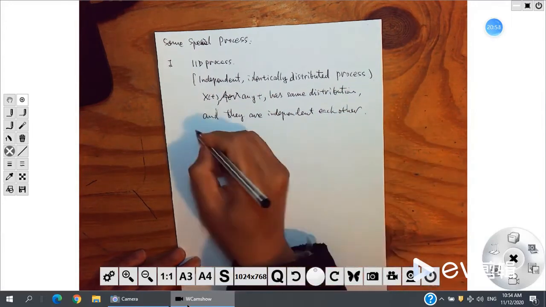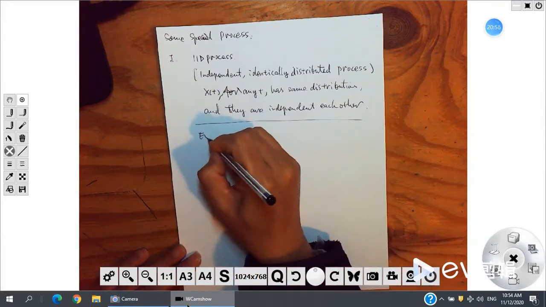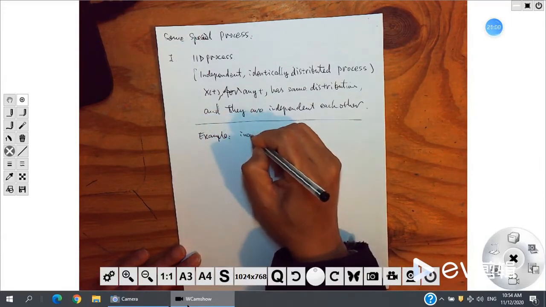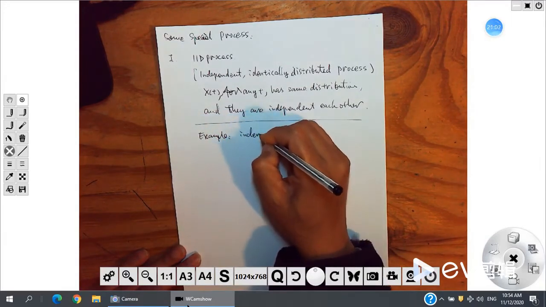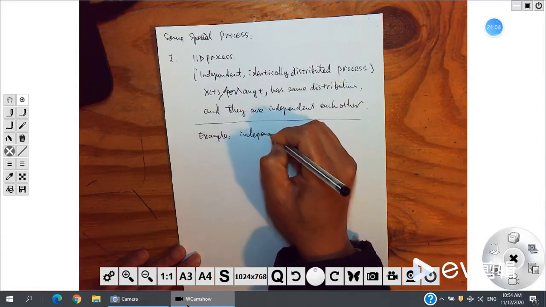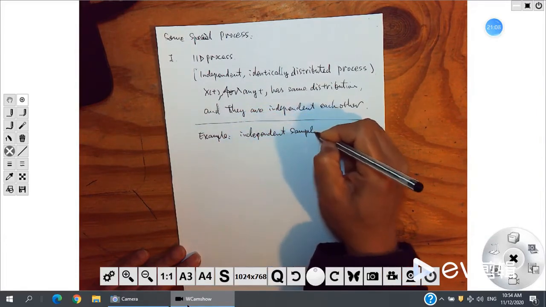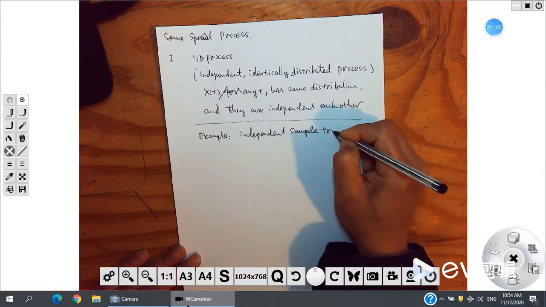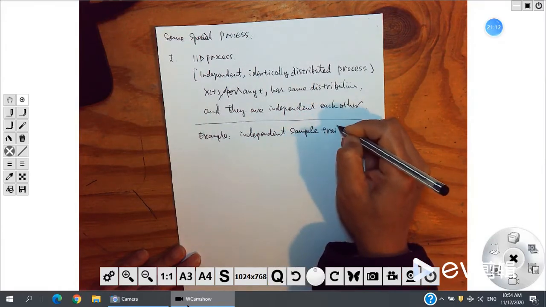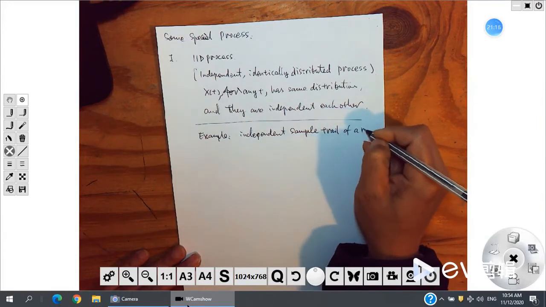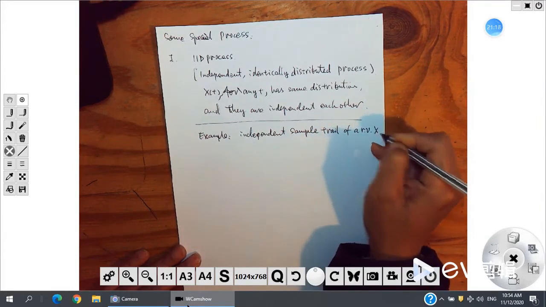And the example of these is independent sample tree, sample tree of random variable X. Now we have this a lot, right?